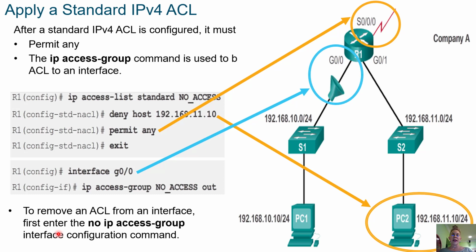That removes the access list. Now we're removing it off of the interface, because remember, access control lists do not do anything till they're actually applied to the interface. So in this case, we want to do no ip access-group if we want to remove the access control list and make it stop working.